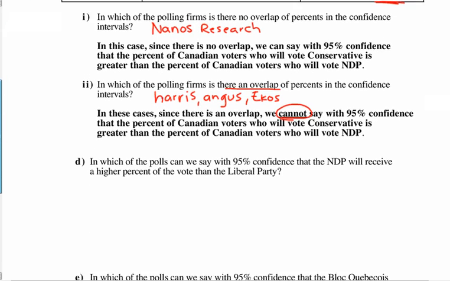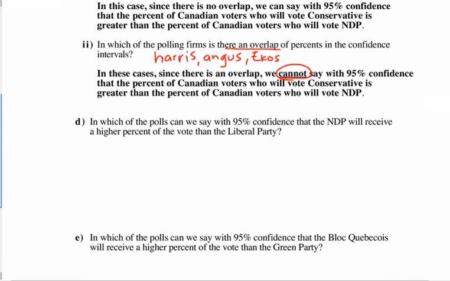So in which of the polls can we say with 95% confidence that the NDP will receive a higher percent of votes than the Liberal Party? What we need to do is set up the same situation. We already know the range of values for NDP, so we need to do our range for Liberal.